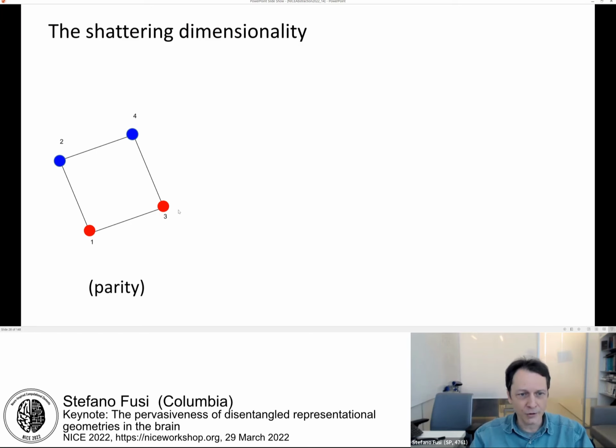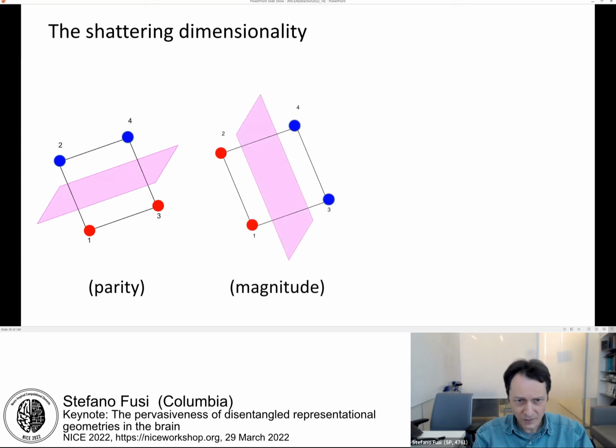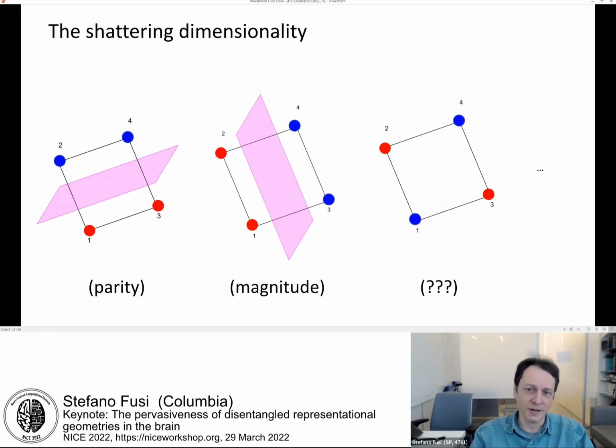I have odd digits on one side, even digits on the other side, and I want to know whether a linear decoder can separate them. Okay, so this would work also for magnitude, and it would work actually for all the dichotomies in this simple case, except one, which is the one that I already mentioned, where you want to separate 2 and 3 from 1 and 4. So the shattering dimensionality is defined as the average decoding accuracy of a linear decoder when I consider all possible dichotomies.